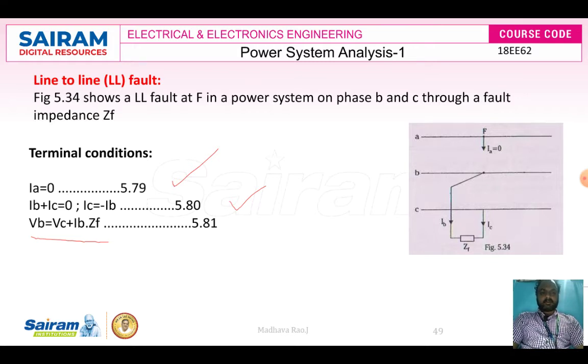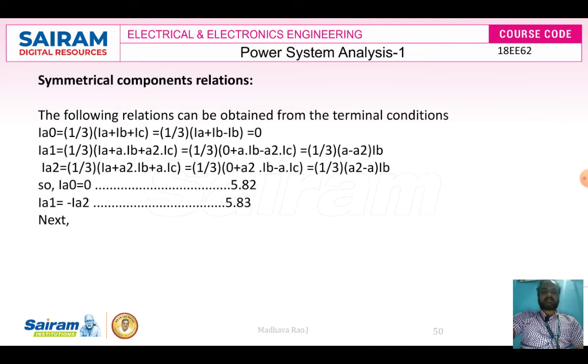So, using these terminal conditions, we will write the symmetrical component relations. The first one, IA naught is equal to, in terms of phase currents, 1 by 3 into IA plus IB plus IC. So, here IB is equal to minus IC, or IC is equal to minus IB, so this will be equal to 0.